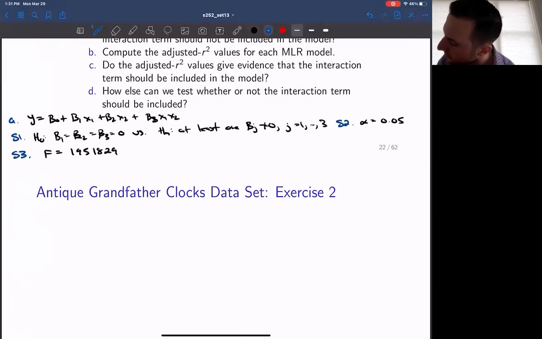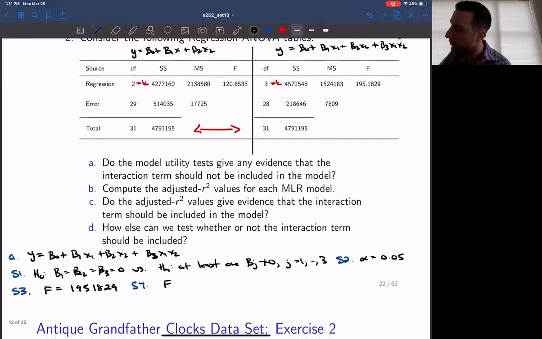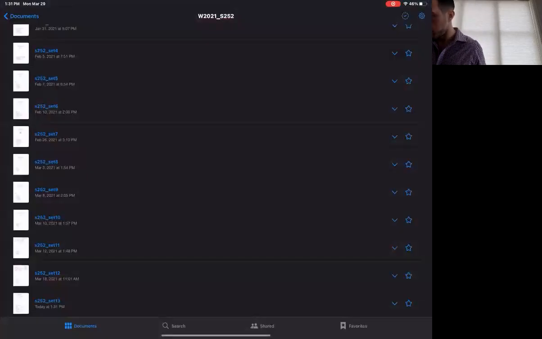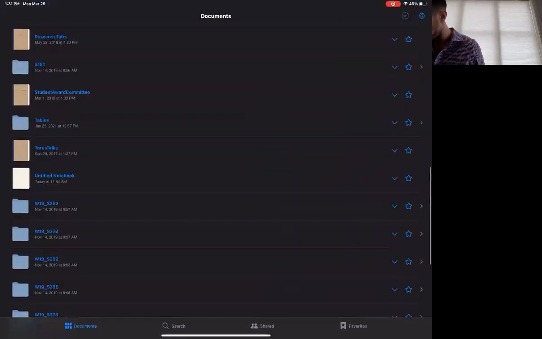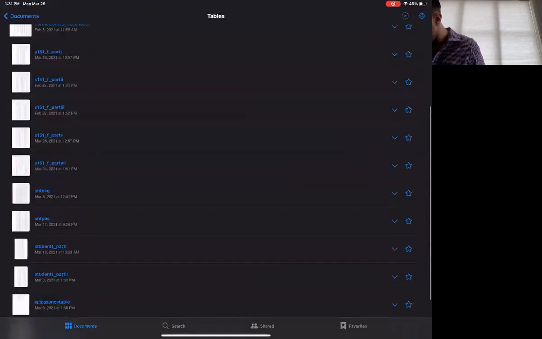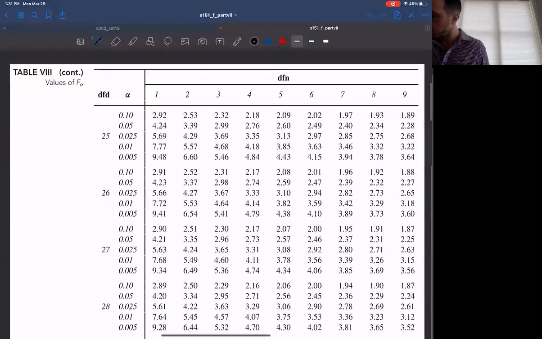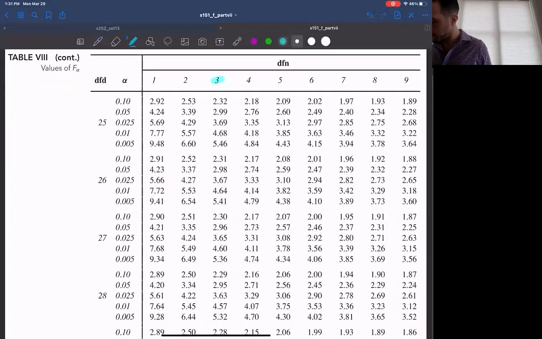On step 4, if we took the critical value approach, this would be an F on 3, 28, 0.05. So if we pull out our F table here, okay, so here's 3, 28, 0.05, 2.95.